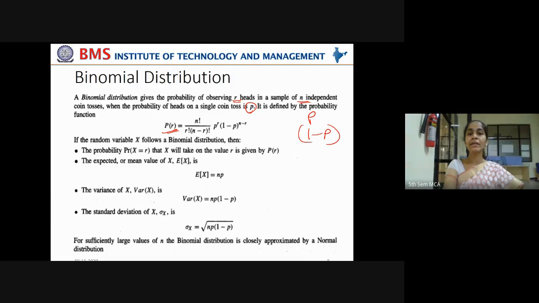How can you write that? It is nothing but n factorial divided by r factorial times (n minus r) factorial, multiplied by, see this carefully, probability to the power of r, P to the power of r. What is P here? P is the event you are interested in, that is the probability of head in a single coin toss.